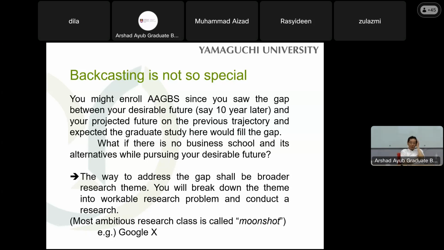Expected graduate study here will fill the gap. If you decided to join AAGBS after considering the issue in that way, you are ready to adopt the backcasting approach.